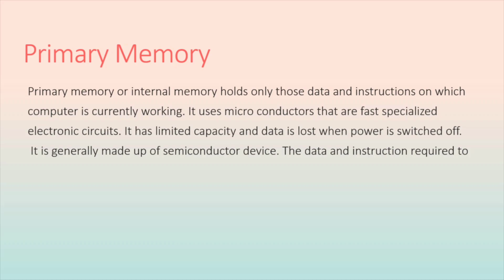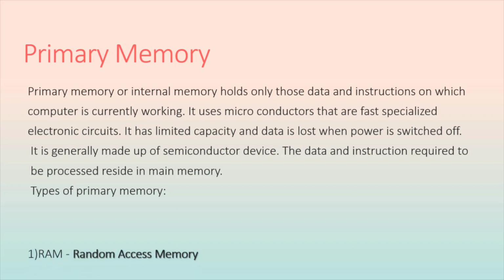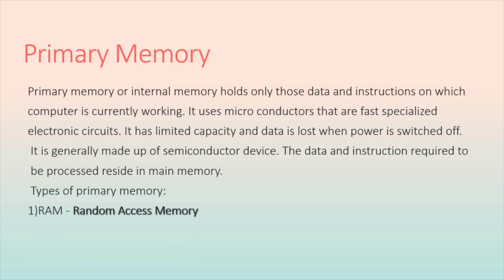The data and instructions required to be processed reside in main memory. Means primary memory can hold data when the power is on. There are two types of primary memory. Number 1, RAM, random access memory. Number 2, ROM, read-only memory.